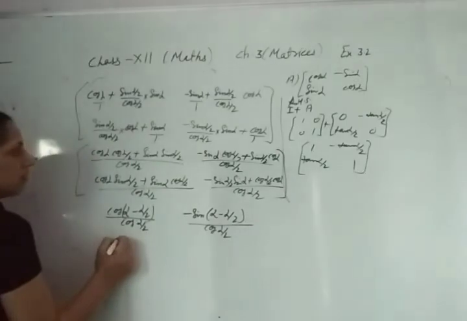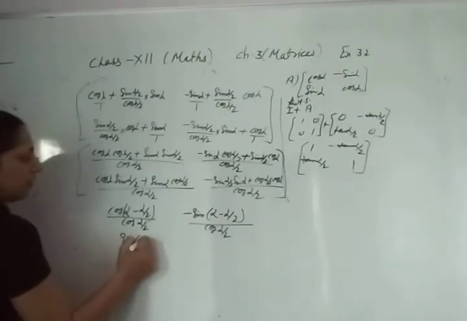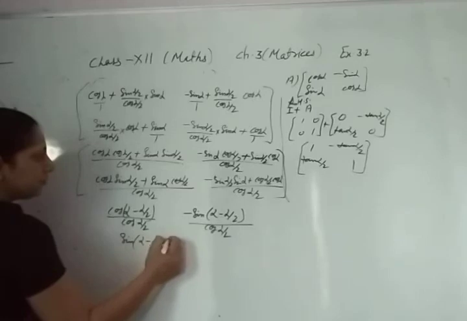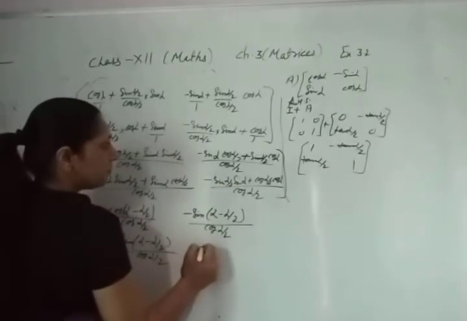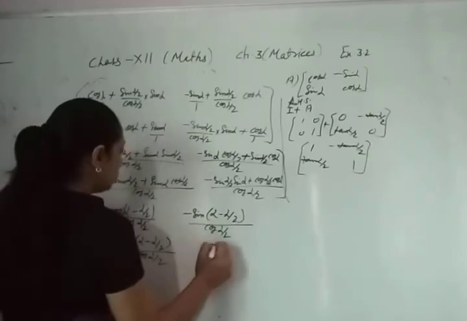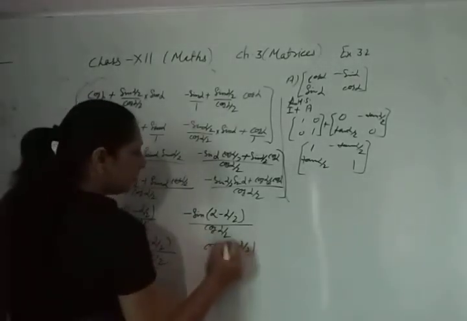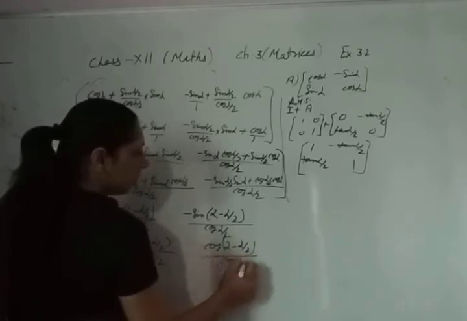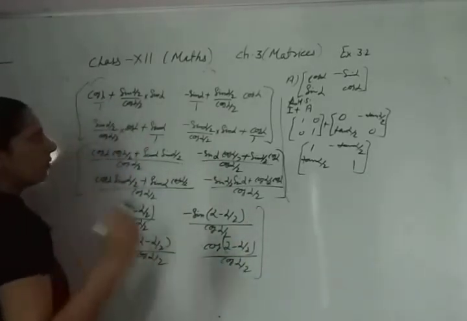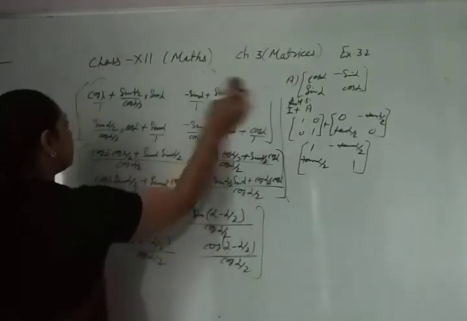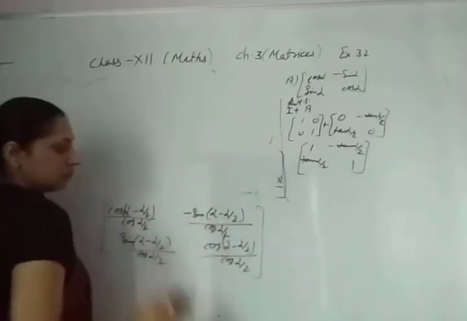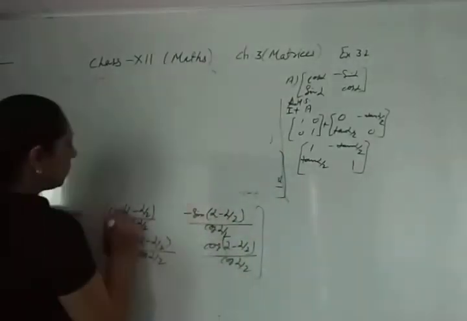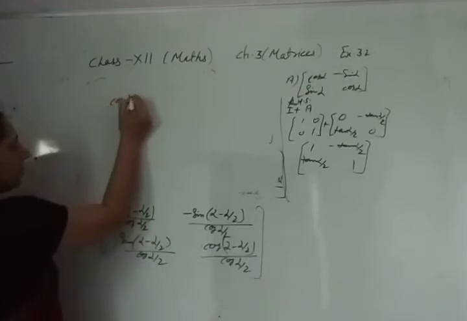This one is the formula for sin alpha minus alpha by 2 upon cos alpha by 2. This one is the formula for cos alpha minus alpha by 2 upon cos alpha by 2. Now solve this. So this one, cos alpha minus alpha by 2, is cos alpha by 2 upon cos alpha by 2.